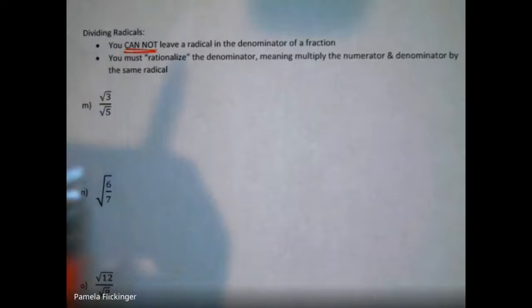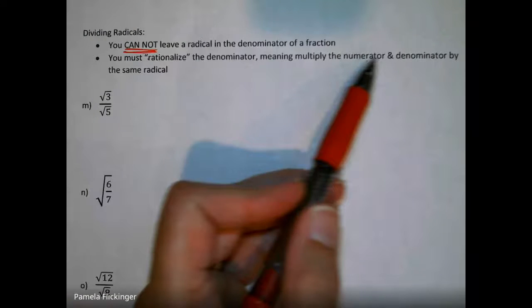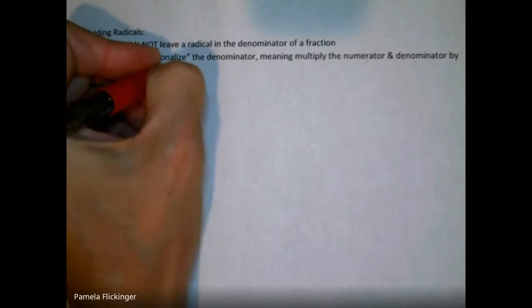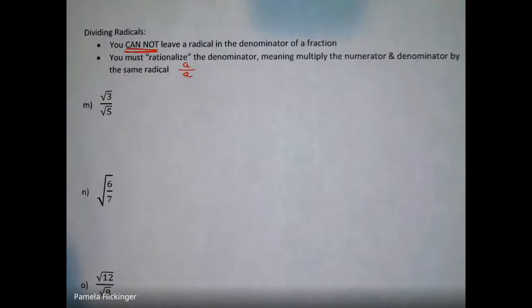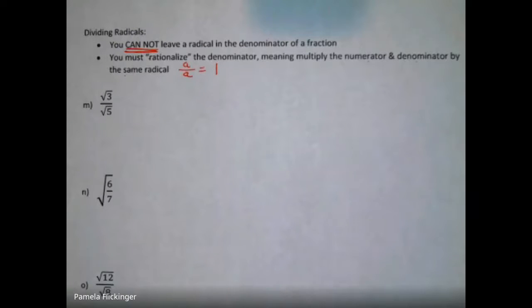If it's in the denominator, then we need to keep going. What we're going to do is we're going to rationalize the denominator, meaning we're going to multiply the numerator and denominator by the same radical. All right, because when you do the same thing over the same thing, like A over A, that just equals 1. And we can multiply anything by 1 without changing it.